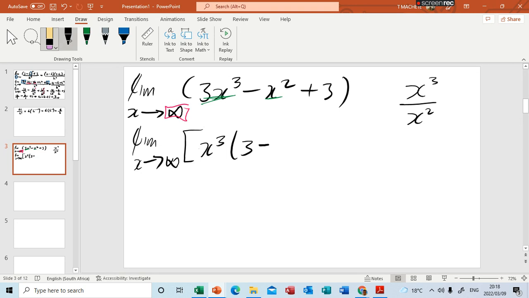So here you're gonna have what? Since you're saying you're gonna divide everything, what's your answer there? We're gonna have x to the power of minus 1. It's 1 over x here.